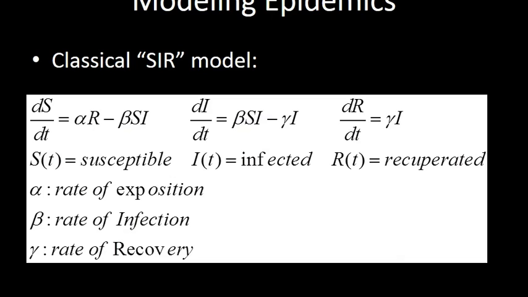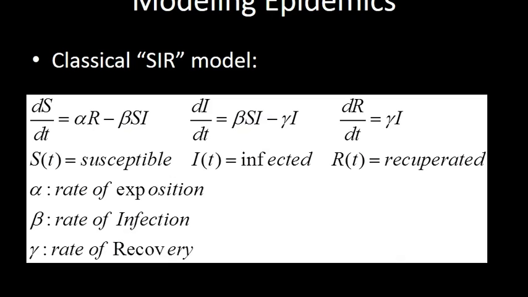Once an infected becomes recovered, it's part of the recovered pool. And the recovered pool grows according to the dynamics of the infected. The recovered grow at the expense of the infected. So that's the dynamic that's captured there.